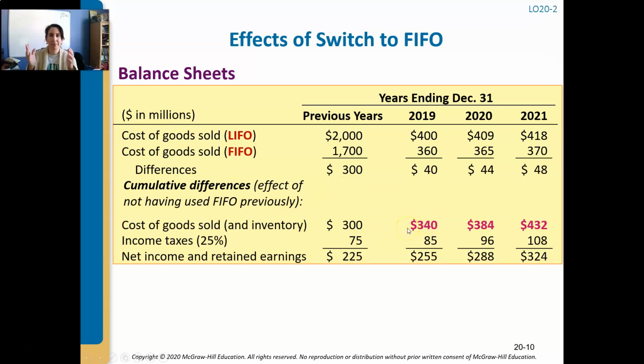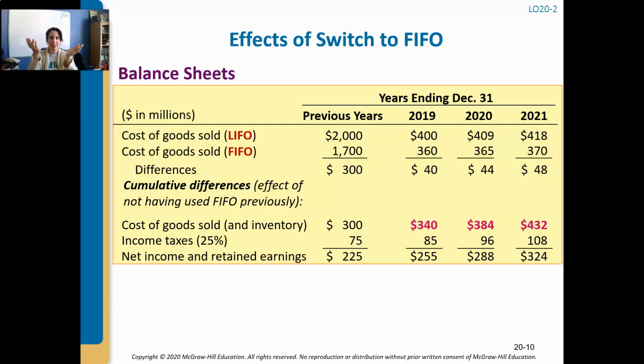If you think about it, inventory is in one of two places. It's either on your balance sheet, unsold, in your inventory, or it's been sold, and that means it's cost of goods sold on your income statement. So if in the past I had said inventory is worth 400, looking at 2019 here, if cost of goods sold had been 400, but now I'm saying it's really 360, that means I'm lowering the cost of goods sold, which means my balance sheet asset inventory will go up.